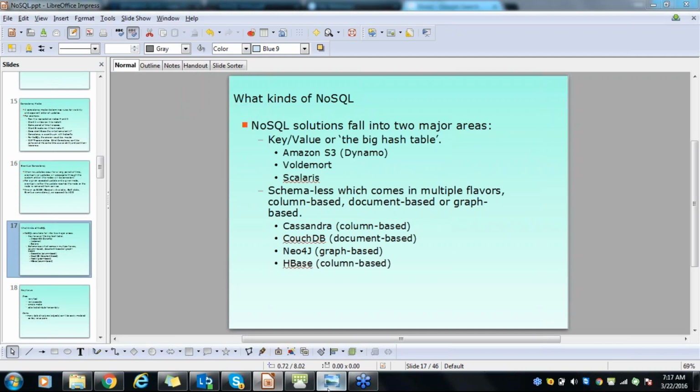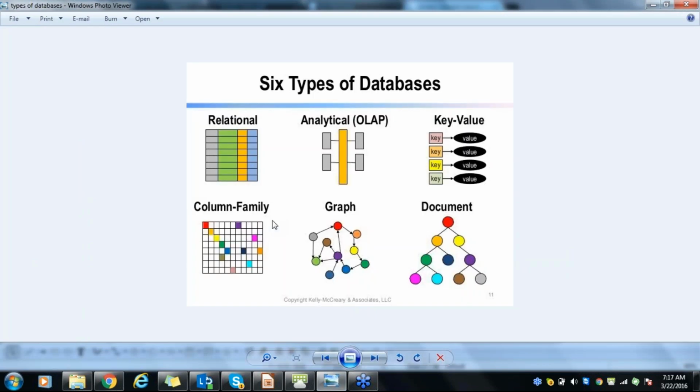One is key value based, where you have a key and the respective values. Similar to a column in an RDBMS system, you have one column and multiple values on it. Suppose employee ID is the column.